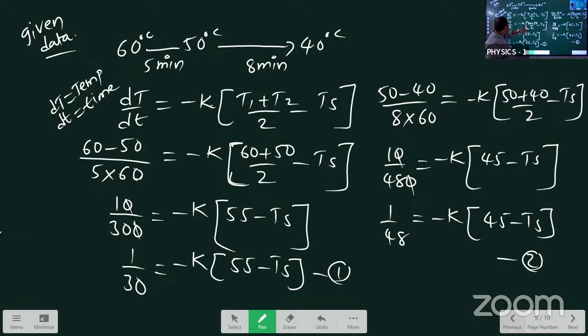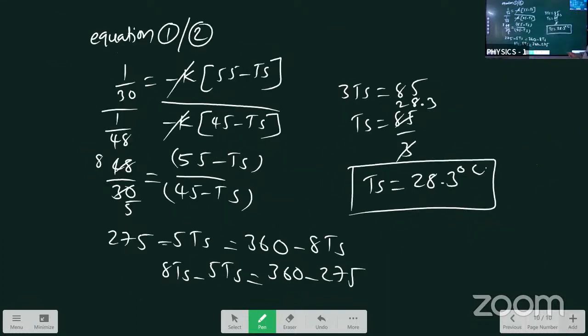Again, temperature difference 50 minus 40, and this average 55. So from equations 1 and 2, we can get 28.3. In the examination, this is the actual procedure. If possible, go for one more alternate method, because this surrounding temperature is a fixed problem, students.